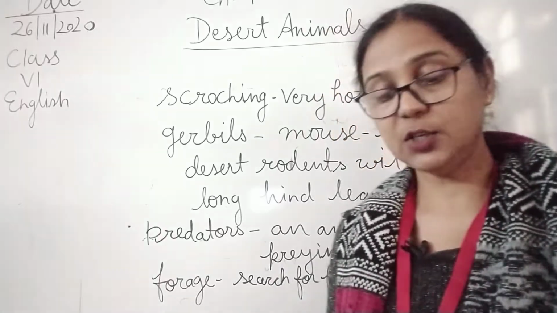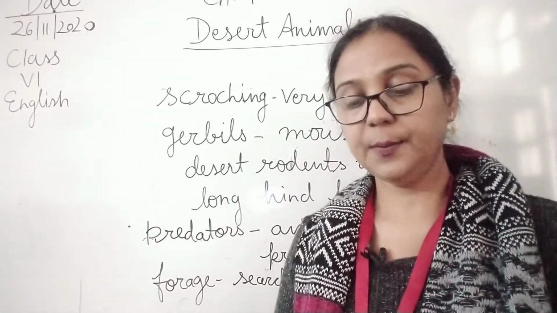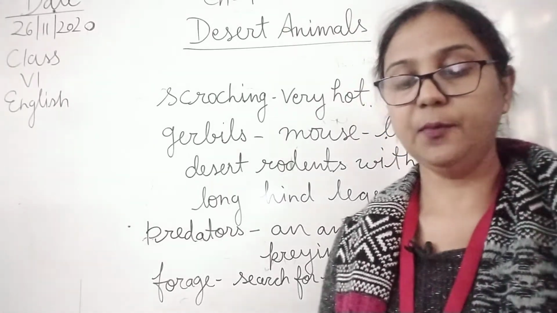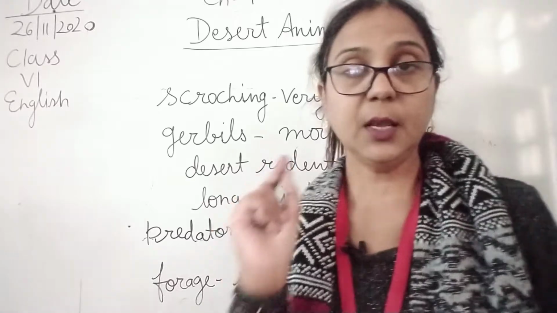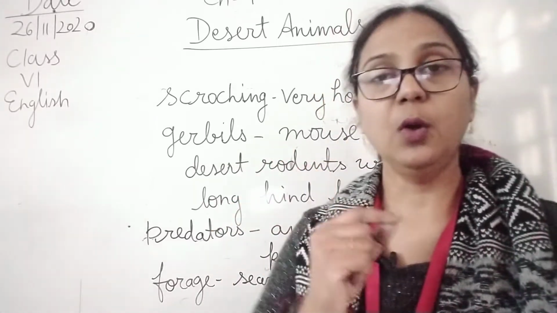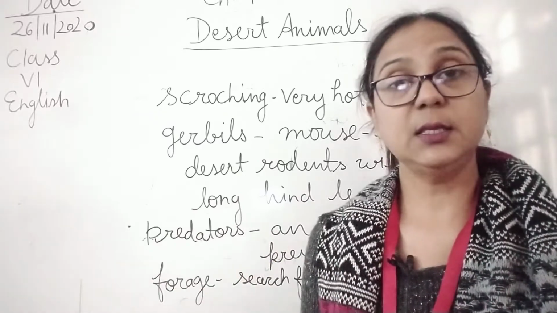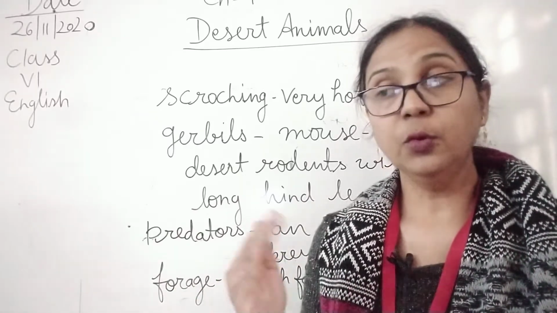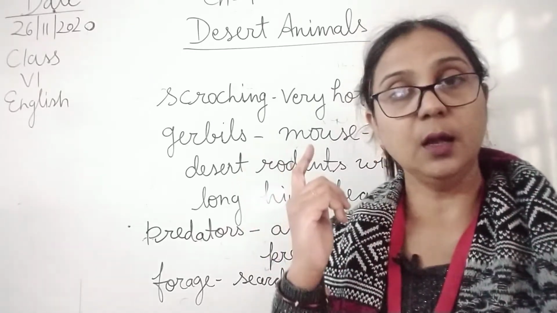Their reaction is so fast, and they can dodge. Dodge means to move quickly to avoid its enemy. So this very quick movement they always do, because the snake is a very movable thing, and it can move very quickly.